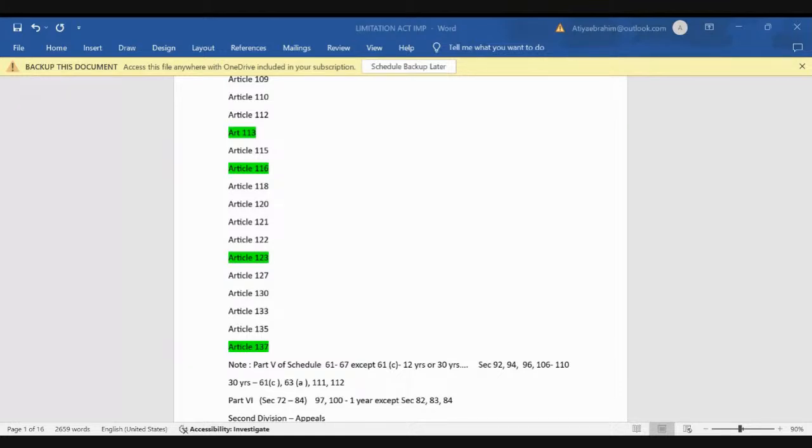Because I cannot allow a person to be in constant doubt, dispute, or uncertainty that any day, a suit might come up against me from nowhere. I was not expecting it. So much time has gone, but now you are coming up with a suit. And I have lost all my evidence.